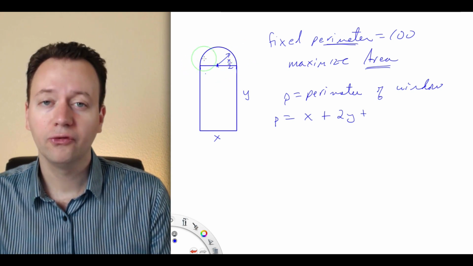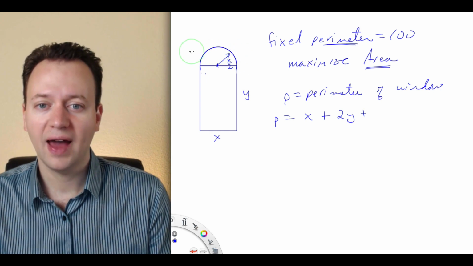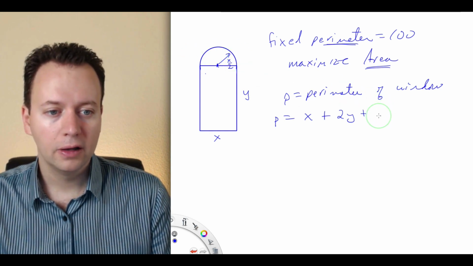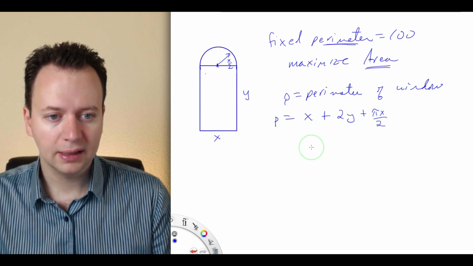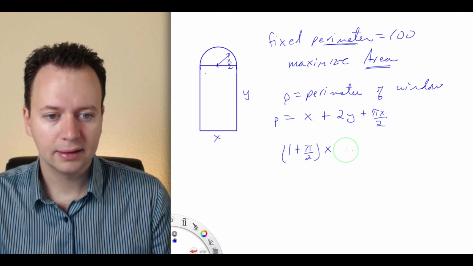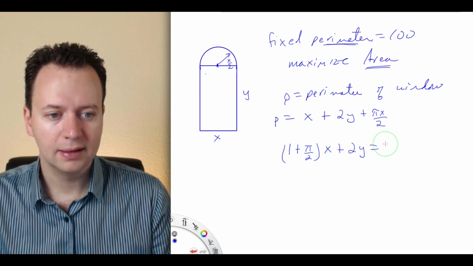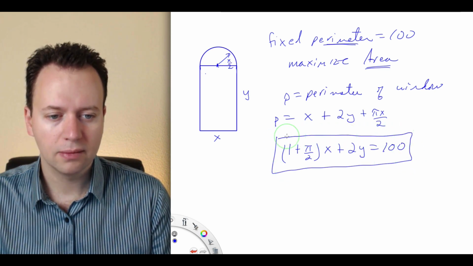And the circumference of a circle is 2 pi r, so the circumference of half of a circle is just pi r. So this is going to equal pi x over 2. So basically our perimeter equation is (1 plus pi over 2)x plus 2y is equal to 100. So that is our constraint equation.